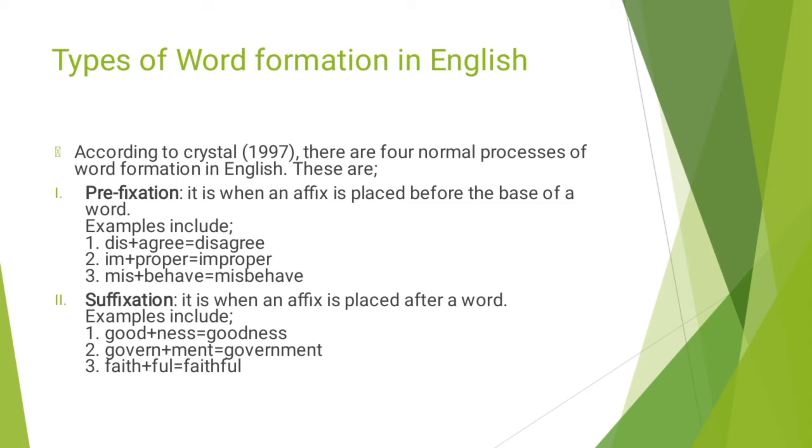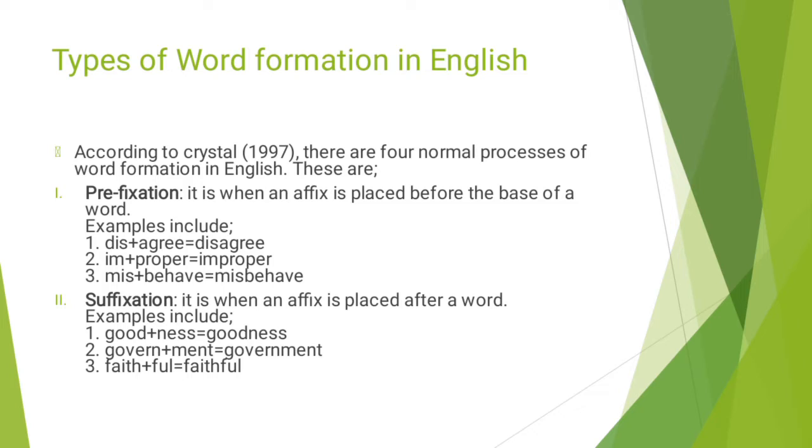So let's move on to the types of word formation in English. According to Crystal, 1997, there are 4 normal processes of word formation in English. These are preposition. It is when an affix is placed before the base of a word. Examples include disagree.